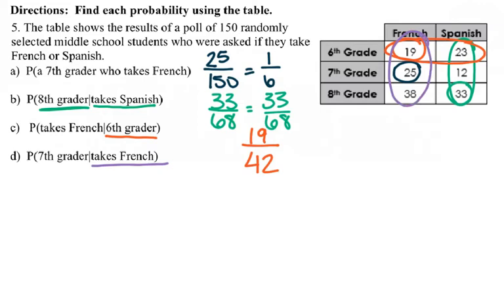So I'm going to add up all the people who take French, 125, and out of those, not 125, got ahead of myself, that's 82, try that again. Out of those 82, there are 25 7th graders, and that does not reduce. Okay, so that's how you read these. So whatever your given is your bottom number.